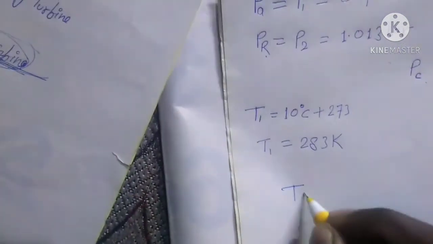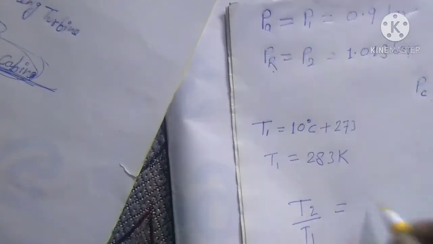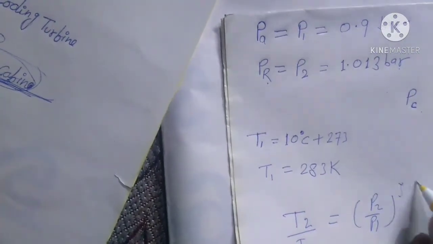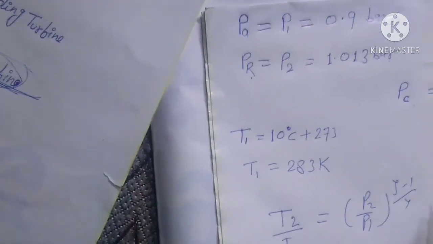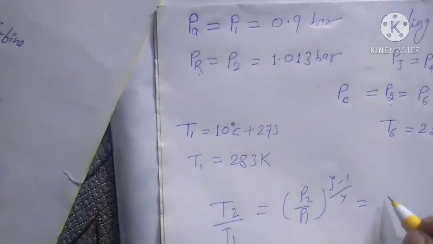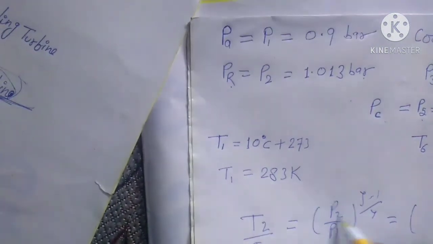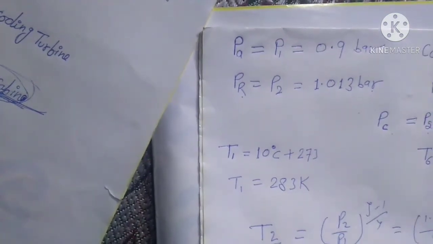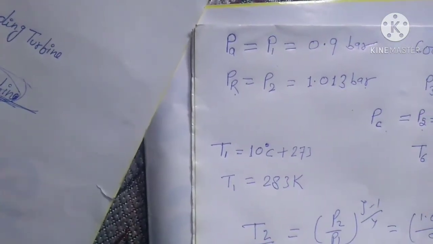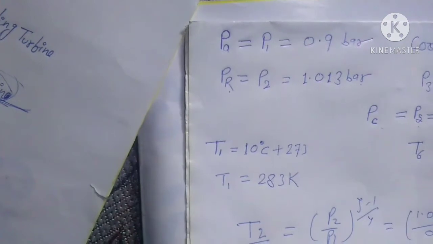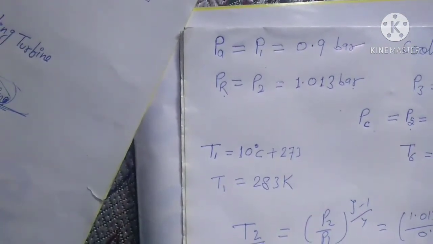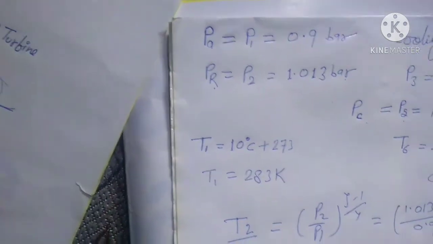So we know friends, T2 divided by T1 equals P2 divided by P1 raised to the power gamma minus 1 divided by gamma. P2 is given as 1.013 divided by P1, 0.9, and the value of gamma for air is 1.4.